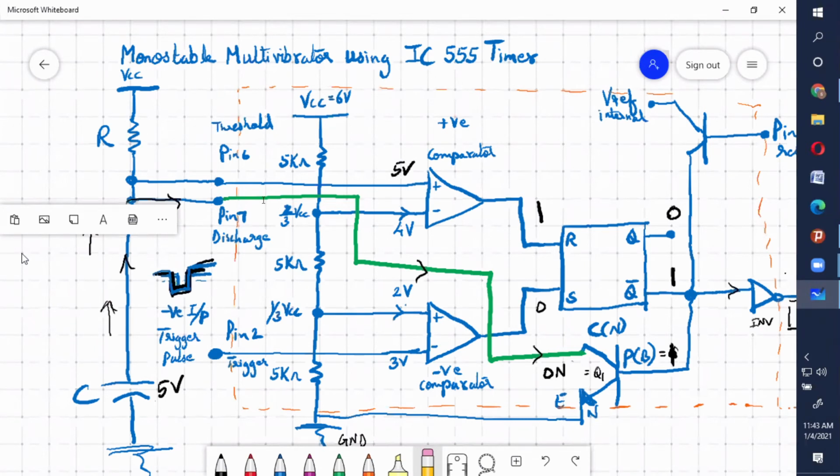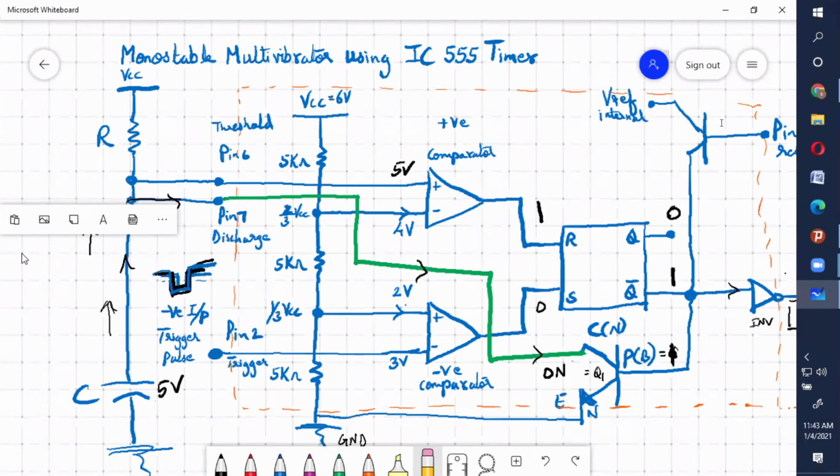Is there any doubt with monostable multivibrator, students? Students, any doubts? Shall I proceed to the next one?